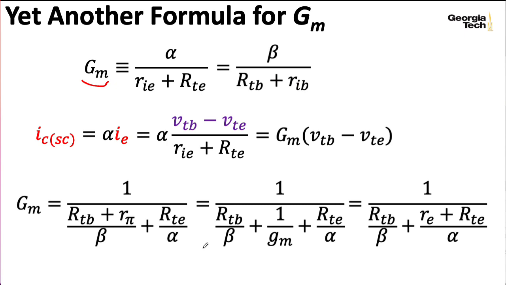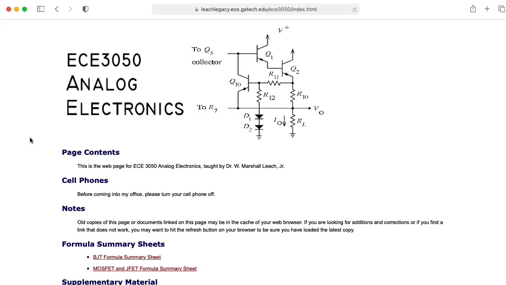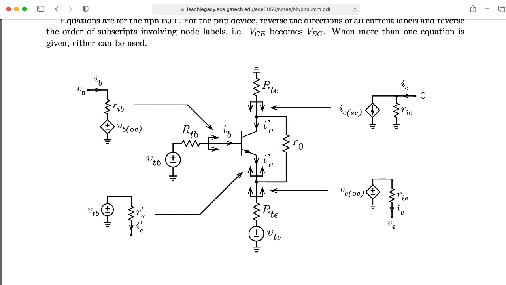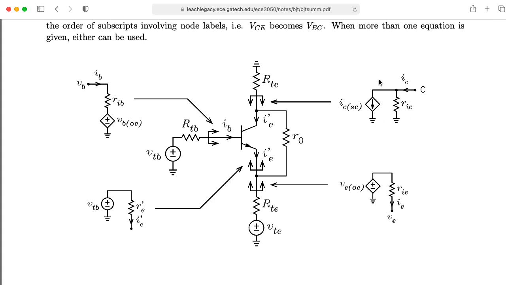So let's once again go to Marshall Leach's ECE3050 website. Remember, 3050 is an earlier name for what's now called 3400, and we'll click on the BJT formula sheet. So in the first lecture in this series, we computed a Norton equivalent circuit looking into the collector. In the second, we computed a Thevenin equivalent circuit looking into the base. And here we see that there are 2 Thevenin equivalent circuits for looking up into the emitter.